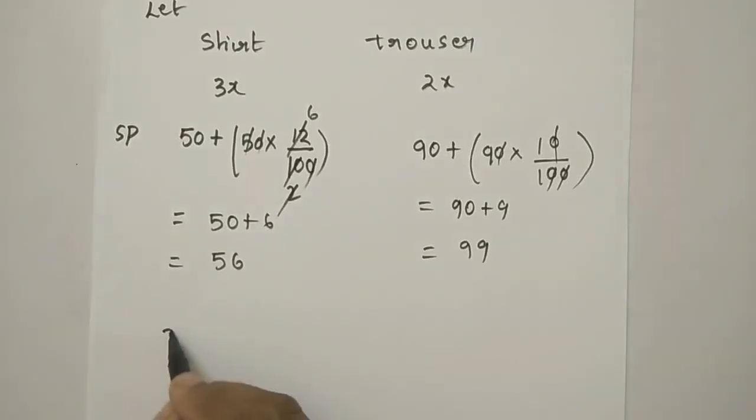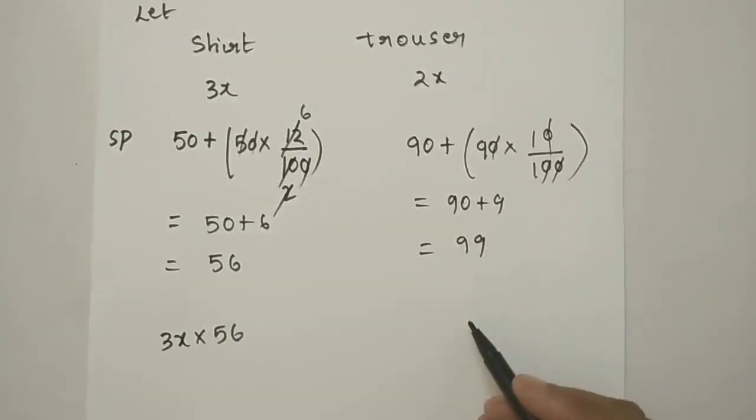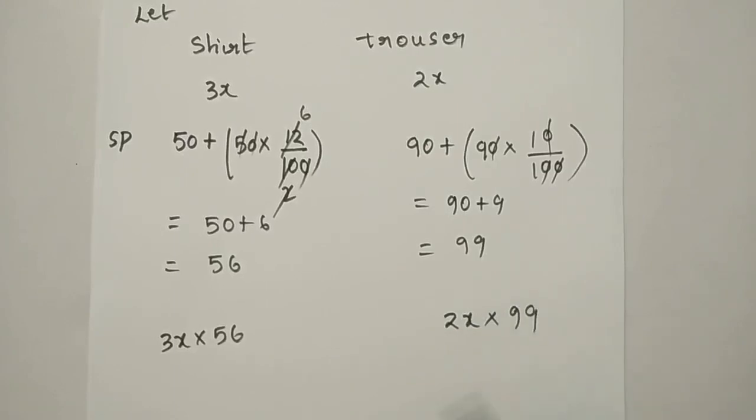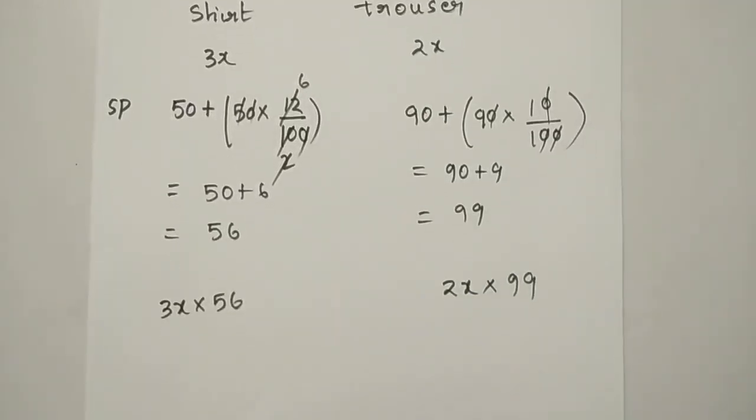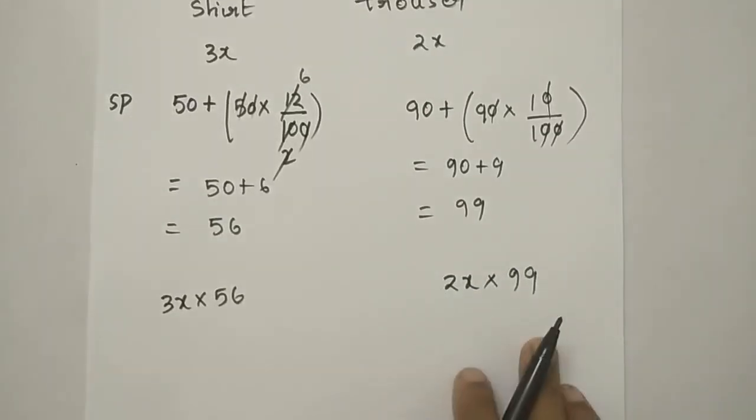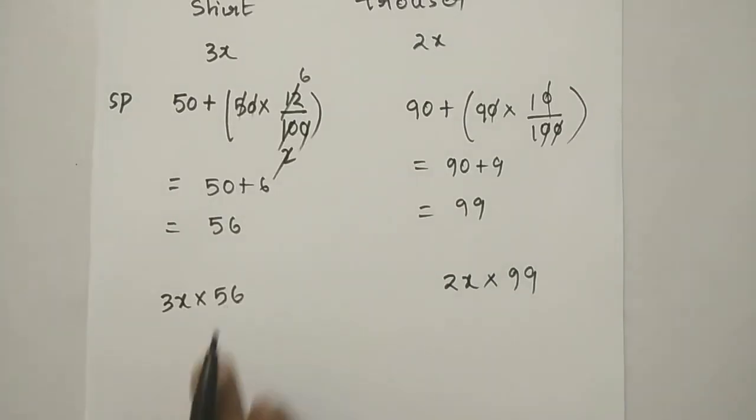Then total sale will be 3x into 56, is it not? The material he bought into selling price. For trouser it will be 2x into 99. So we got the sale of shirt and sale of trousers.